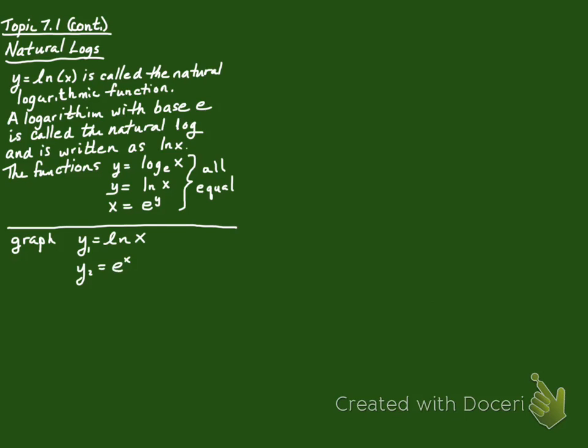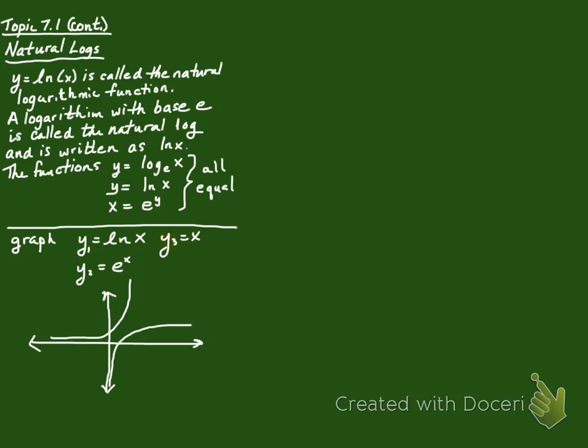Let's do some graphing. Y equals ln of x, and y equals e to the power of x. In our first graph of y equals ln of x, you'll notice that it looks just like our exponential function.